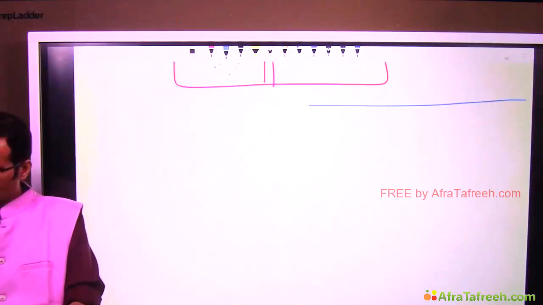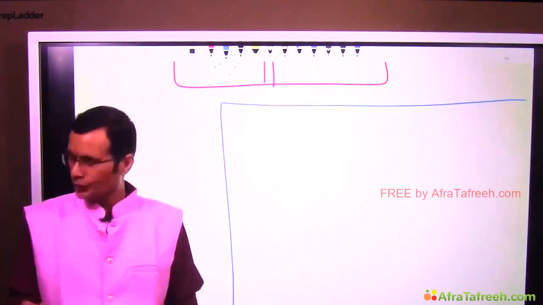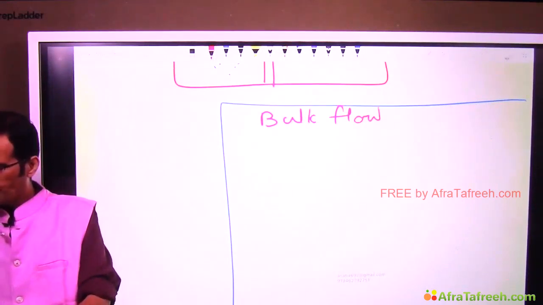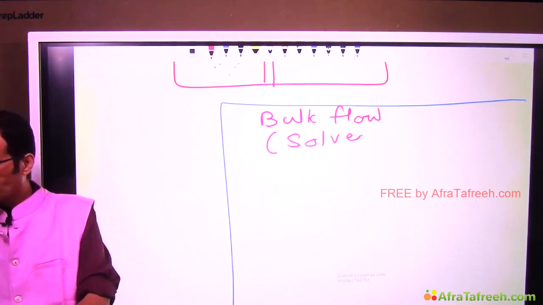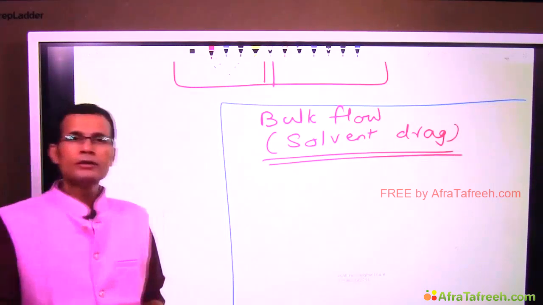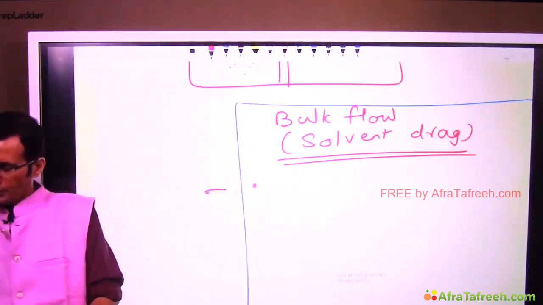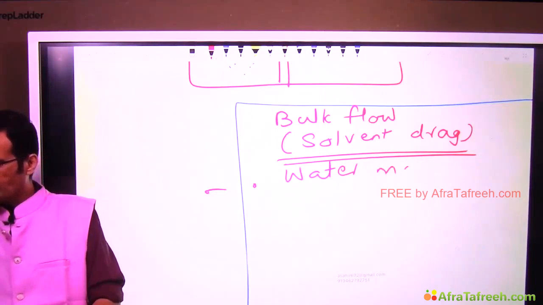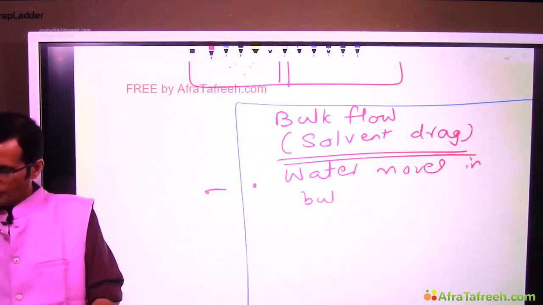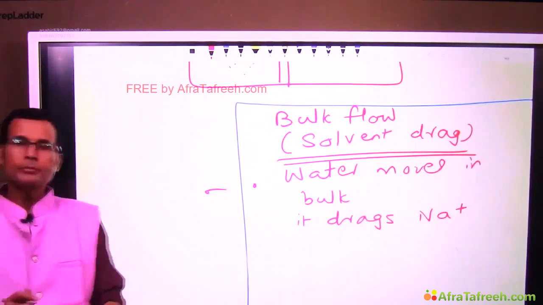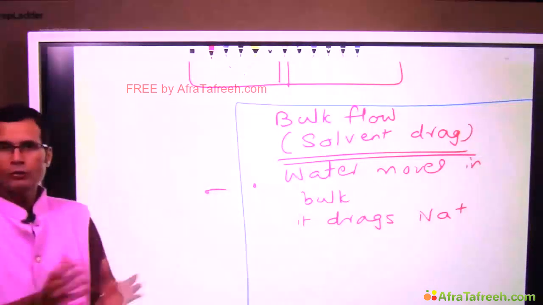There is also one more type of transport, and that is called bulk flow, or also called solvent drag. This is opposite to that of osmosis. What is solvent drag? Water moves in bulk and it drags sodium along with itself.